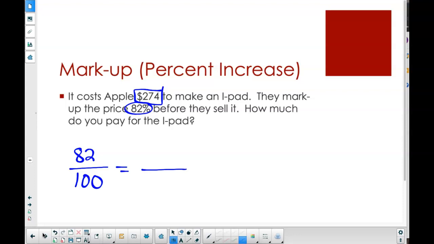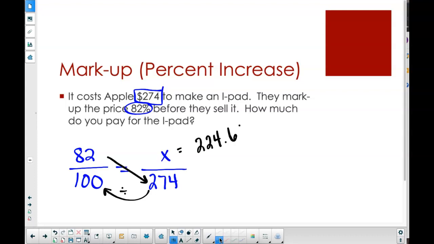That's what it costs them. So $274 goes on the bottom. We're going to solve for this top one. Okay, using your calculator. If we multiply 82 times 274 divided by 100, you should get $224.68.